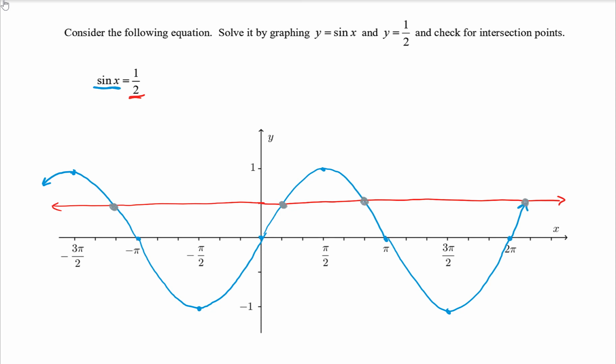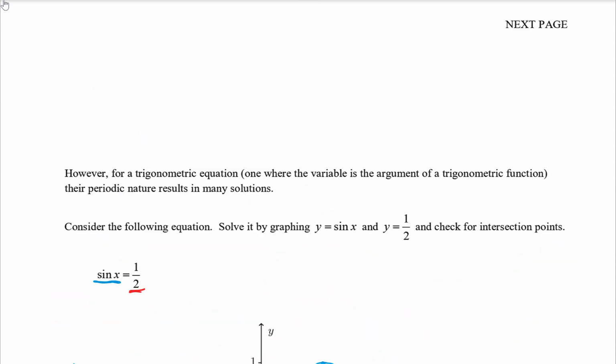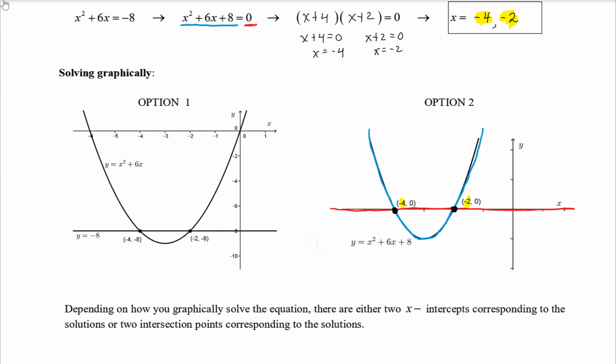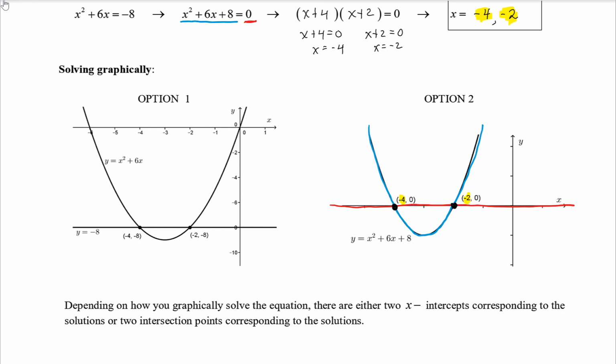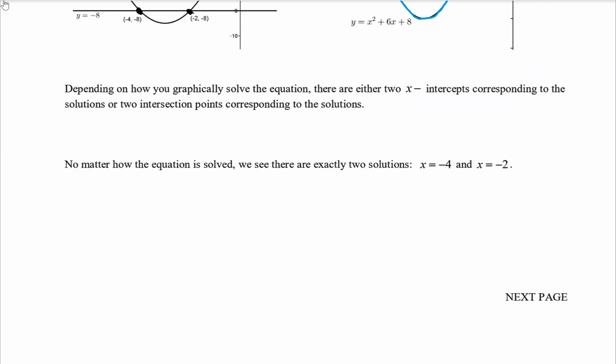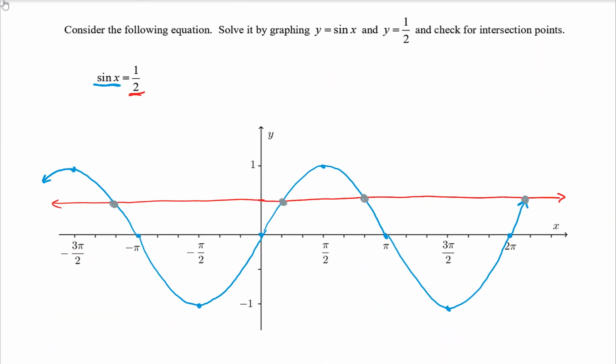It's going to intersect an infinite number of times. So that's pretty different than what happened back up here. Back up here when we did it by graphing, the two graphs only intersected twice, and I had two answers. Down here, these two graphs are going to intersect an infinite number of times. So that's quite different. So where do they intersect?